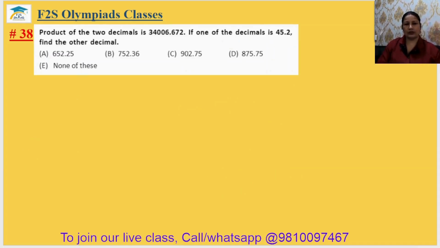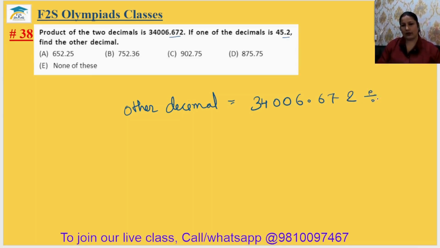Come to question number 38. Product of two decimal is this. One of the decimal is this. Find the other decimal. So other decimal equal to 34006.672 divide by 45.2.